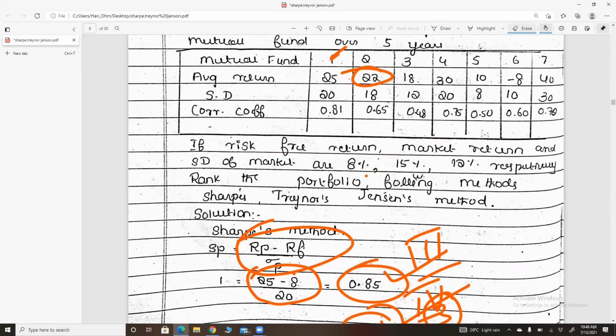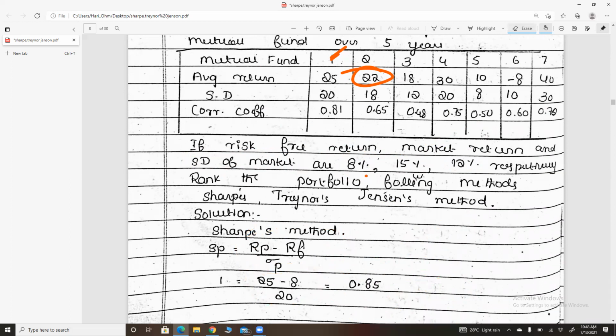See, how do you calculate? RM minus RF divided by beta. Here RM is the market return, right? This is the second one, market return, that is nothing but 15. Clear? Market return is 15, so RM minus RF, which is 8, divided by the beta of the market, which is always 1.